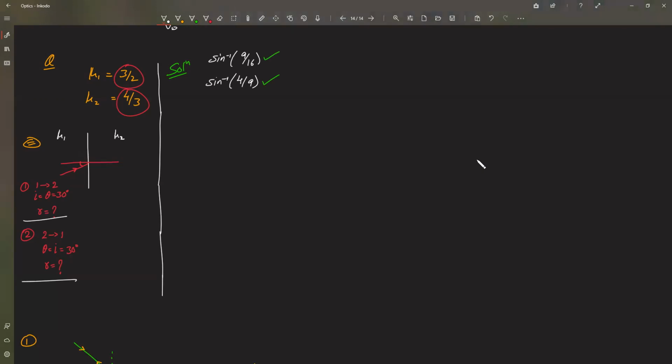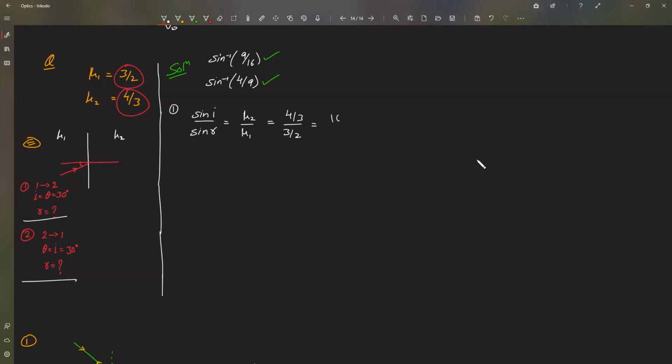When the ray is traveling from medium 1 to medium 2, then sine i by sine r will be equal to mu 2 by mu 1, that is equal to 4 by 3 divided by 3 by 2.